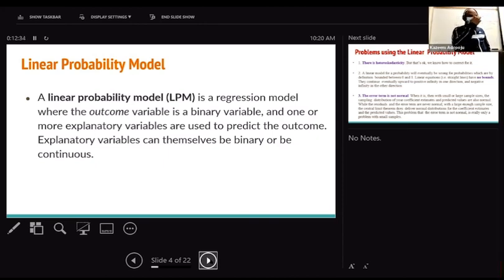Another example of a categorical outcome is this. When some of you are done, you are going to apply to graduate school. Applying to graduate school, you are either going to be given admission or not. But there are some factors they're going to take into consideration before you can be given admission.